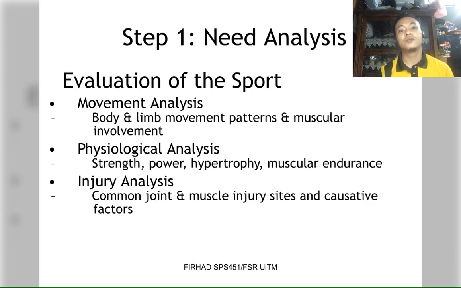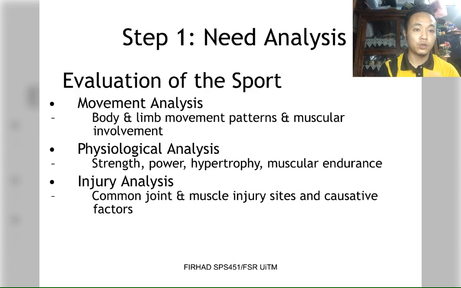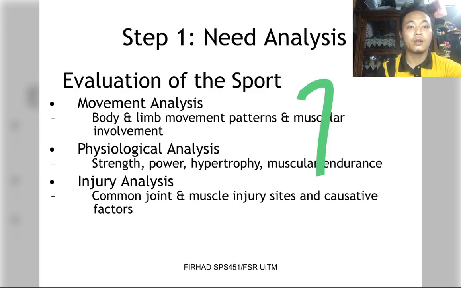Number 2 is physiological analysis, which is either strength, power, hypertrophy, or muscular endurance that is needed in your sport. And the last one is injury analysis, common joint and muscle injury sites and causative factors related to your sport. So for all these points, the keyword is that it depends on your sport.